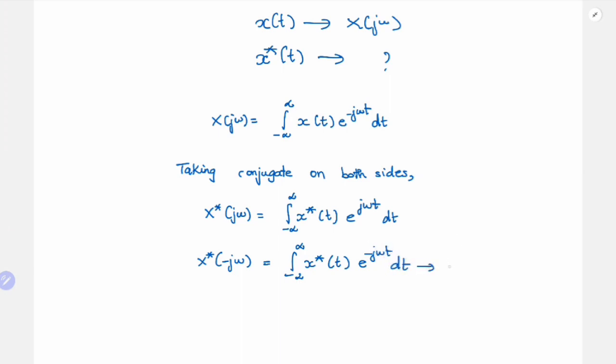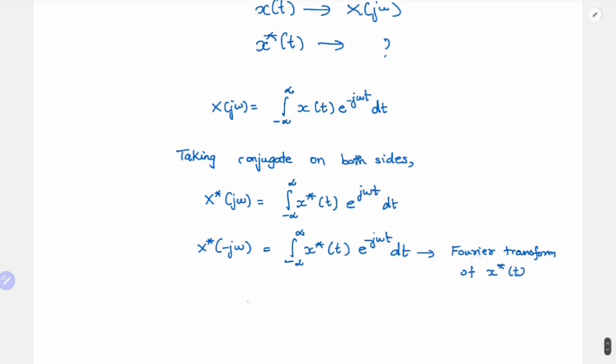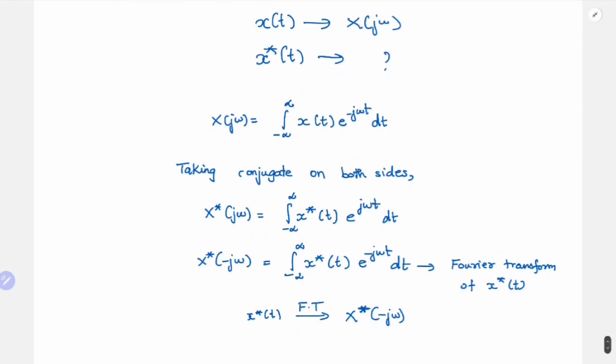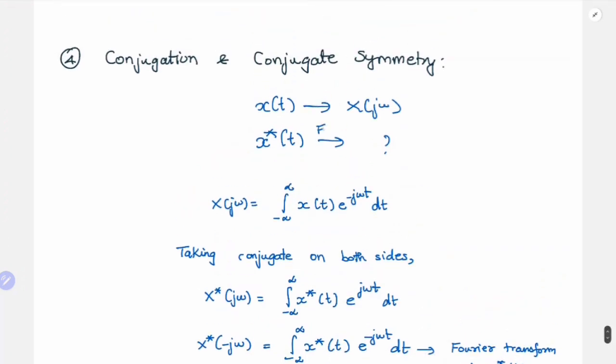So this is nothing but the Fourier transform equation of x star of t, right? The Fourier transform of x star of t is nothing but x star of minus j omega. So it has a conjugate and also a minus sign in the omega.